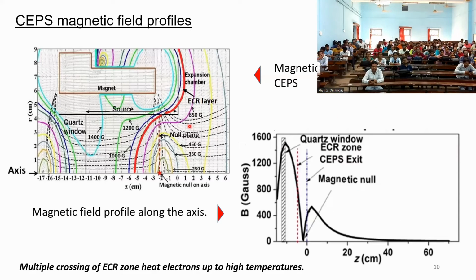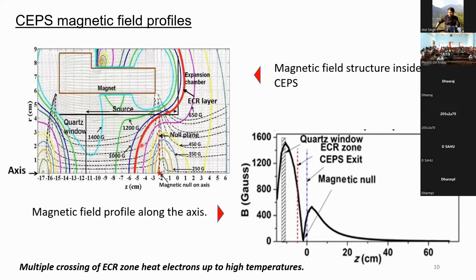But what I was explaining, it can show you in a much better way that these are the lines inside the source here, and here the plasma is produced. And when I plot this field along the axis, you can see that here the field is very high, which represents where the converging part was.